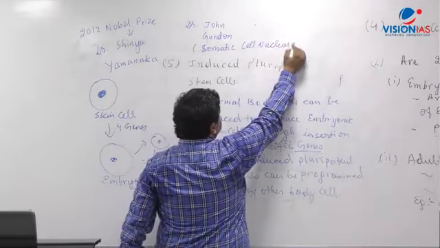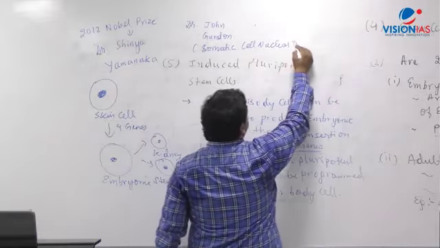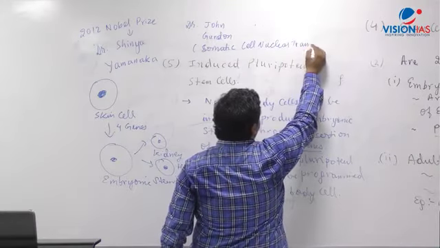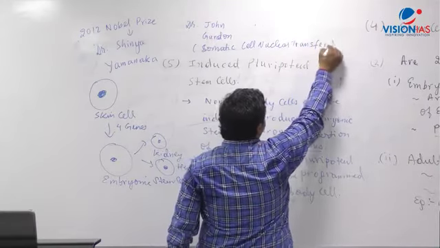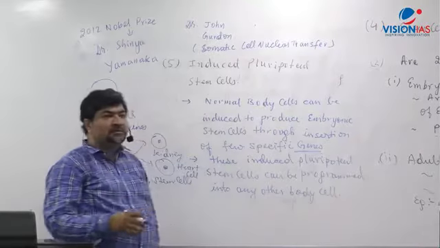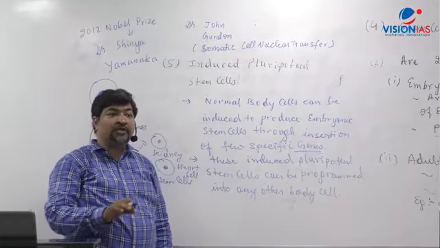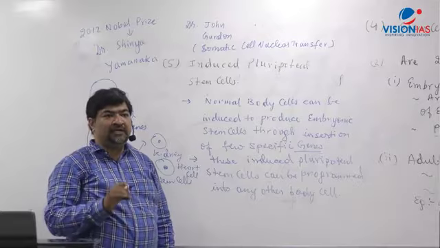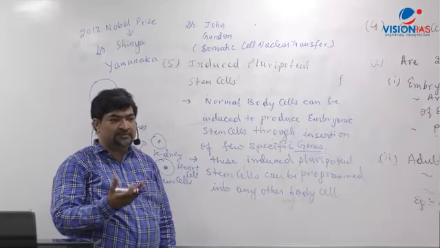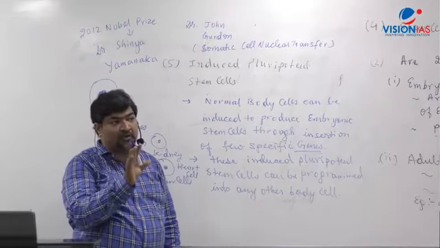But he didn't try it with mammals; he tried it with the tadpole, the frog. The first person to carry it out in a mammal was Dr. Ian Wilmut. In 1996, Dolly was made. Right? That was the first time in a mammal.